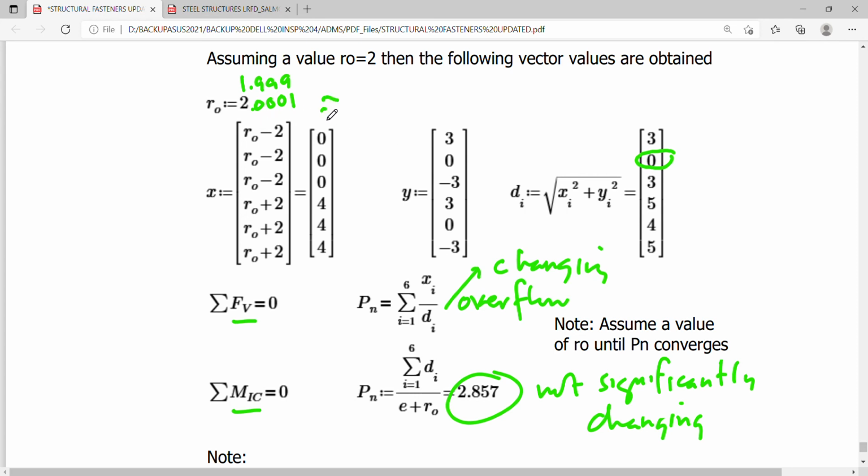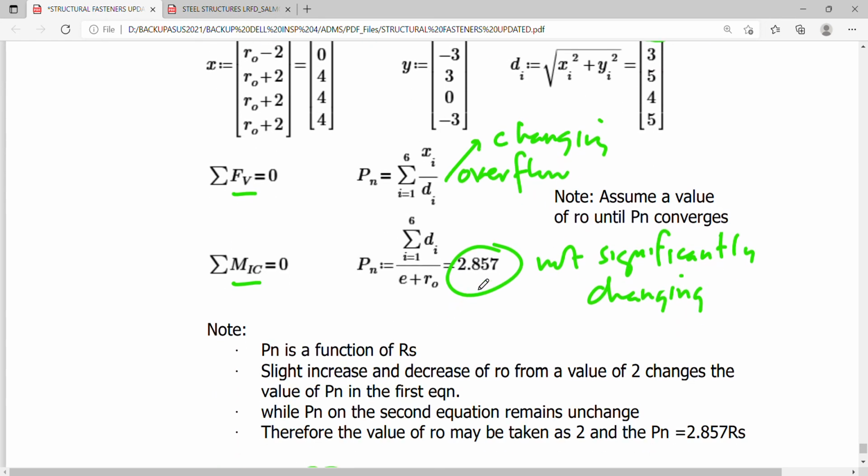So we can assume that Ro equals 2 is the correct value for Ro, such that Pn, which is equivalent to 2.857, now represents a factor. This is the factor that is to be multiplied to your Rs.